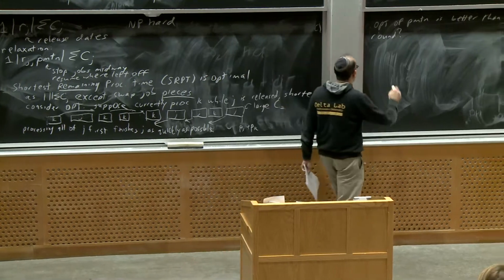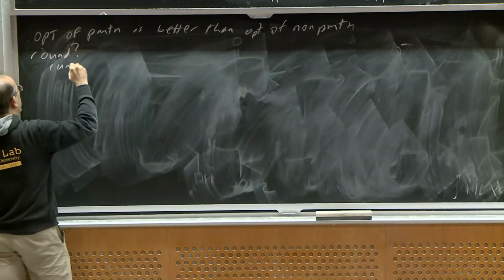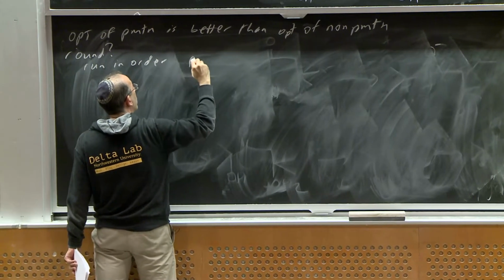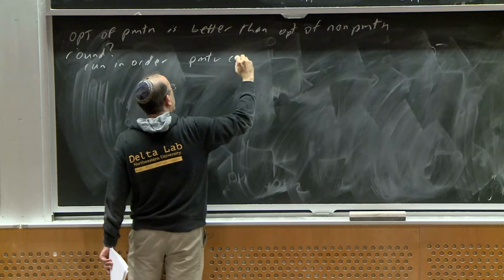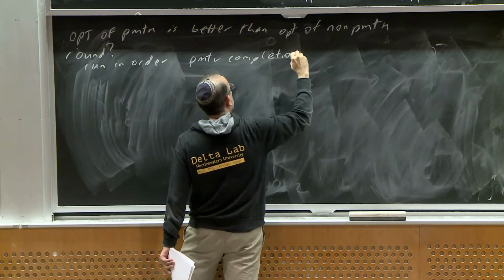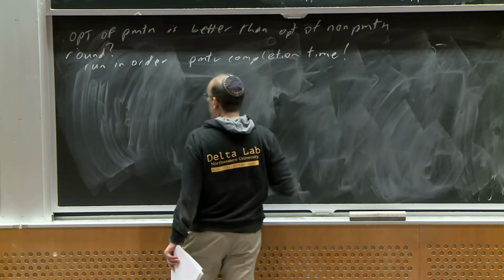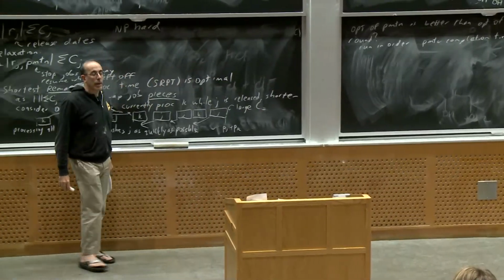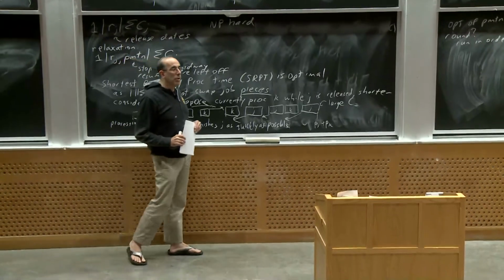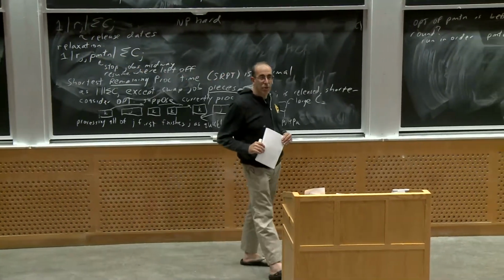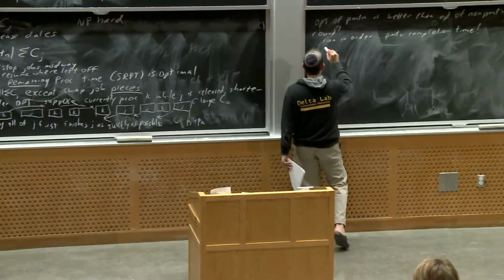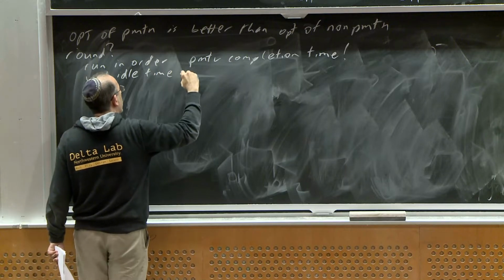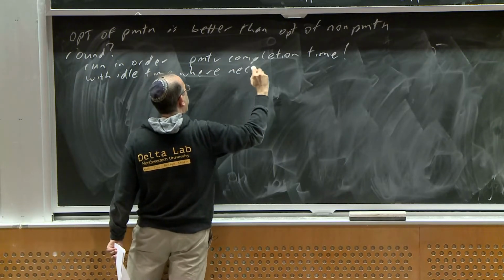But it turns out that you just run the jobs in the order of their preemptive completion time. And this gives you a good schedule. So make the preemptive schedule, look at the order of job completions, run the jobs in that order. Now, that may mean that you insert idle time where necessary.